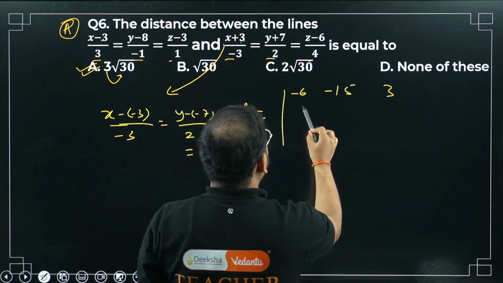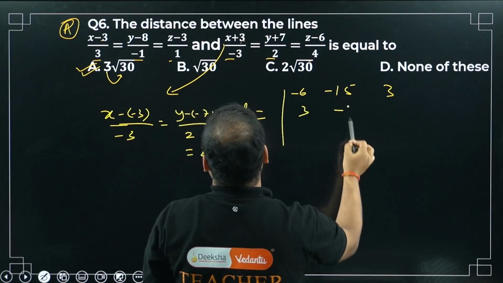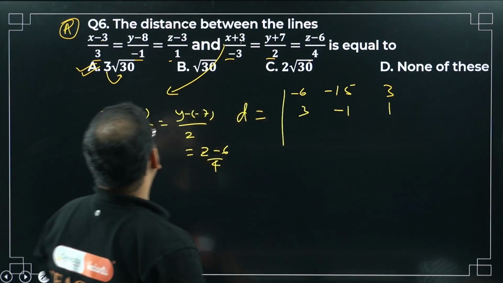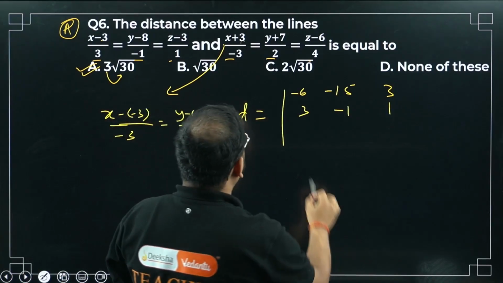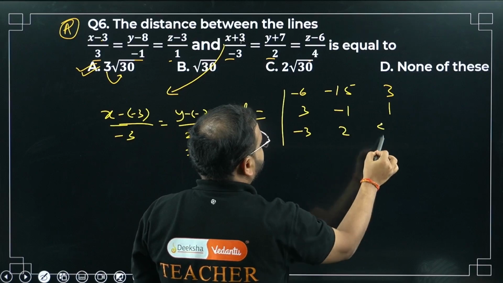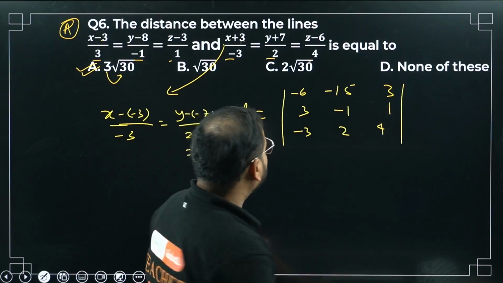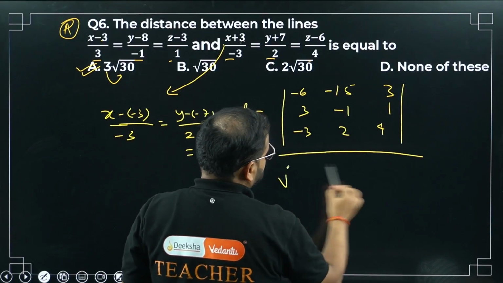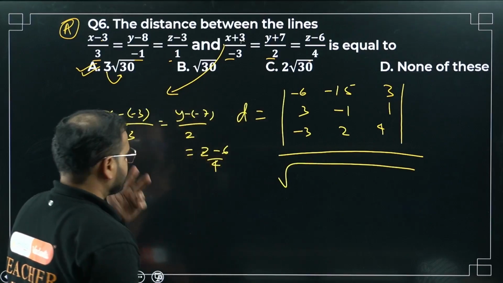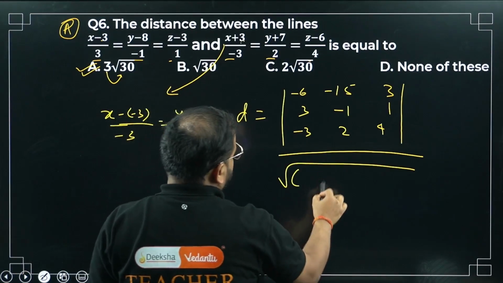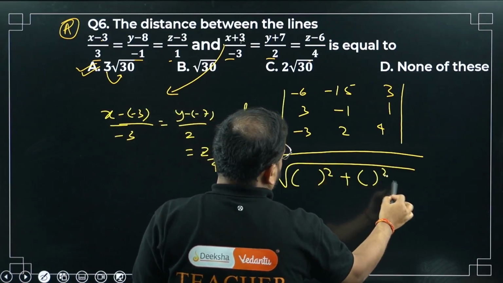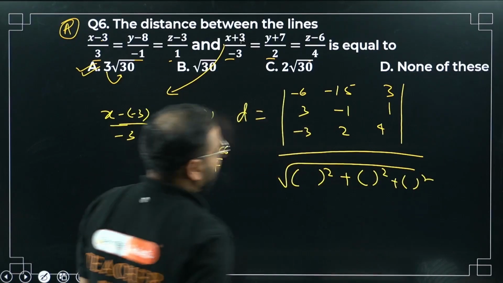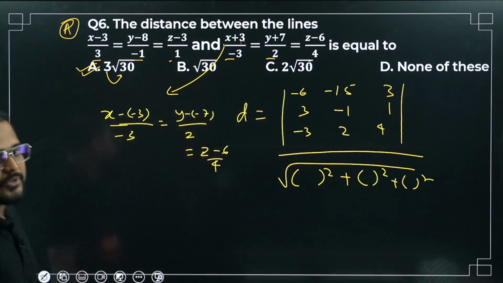The L, M, N values for the first P1 vector are 3, minus 1, 1, and for the second one minus 3, 2 and 4. Solve this value. If you do that, you're going to get the answer to be option number A.